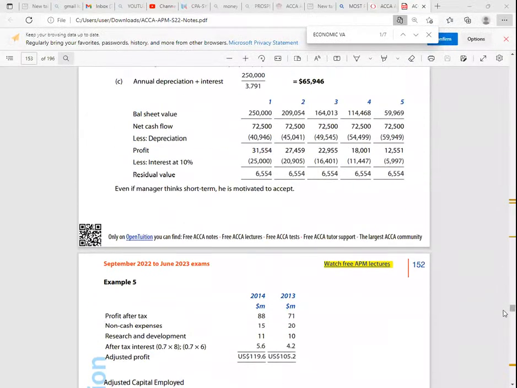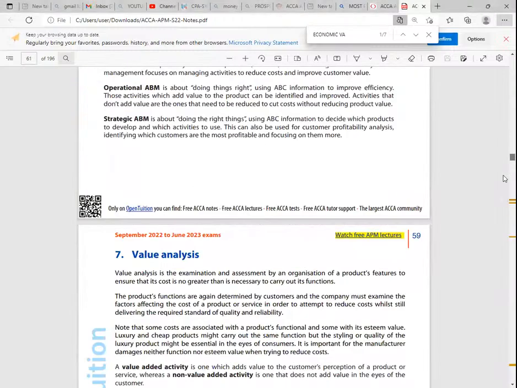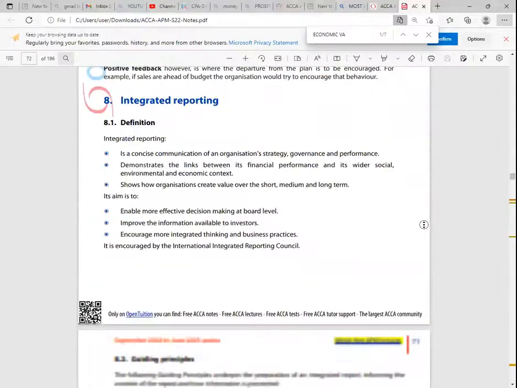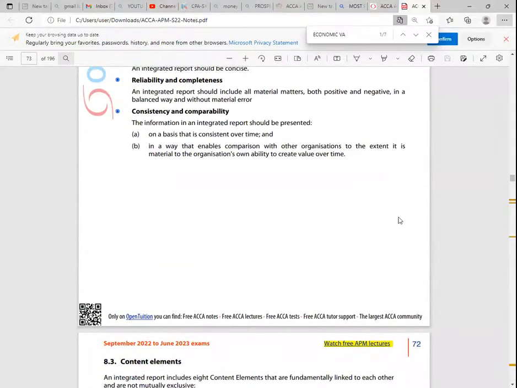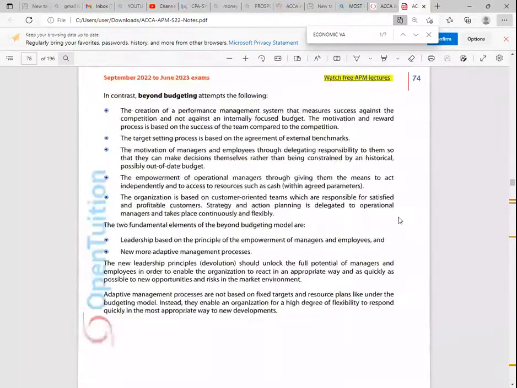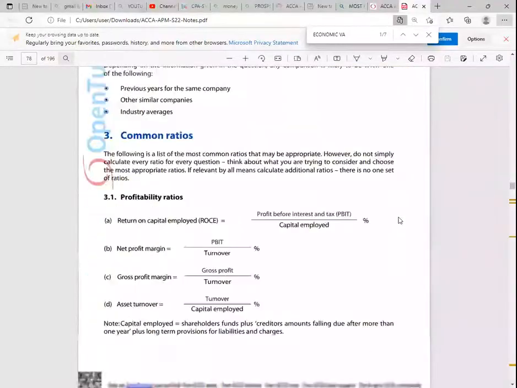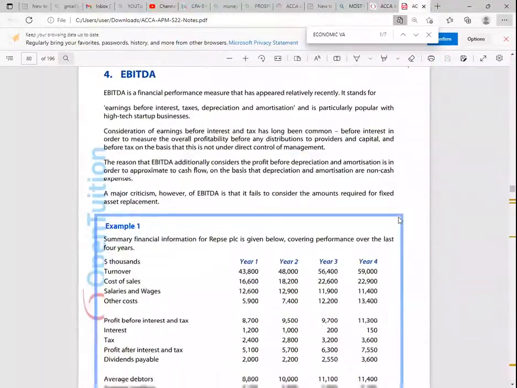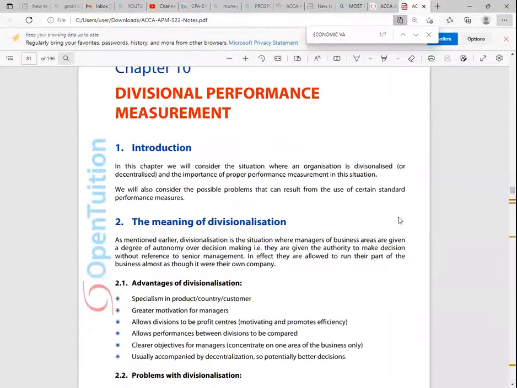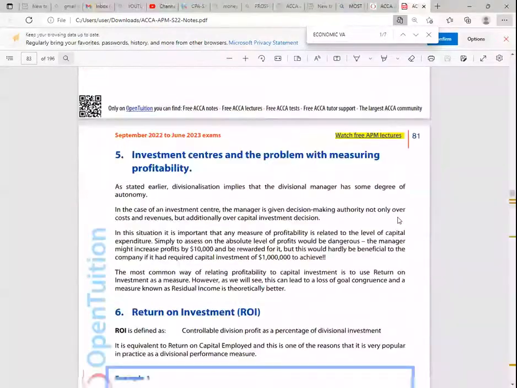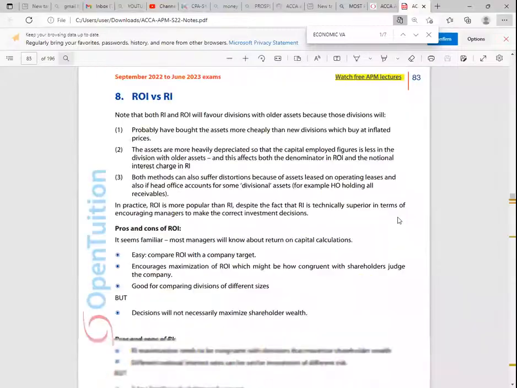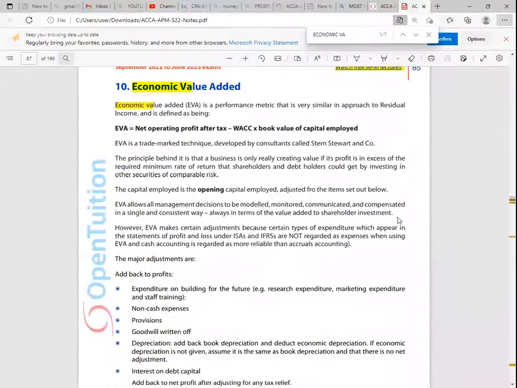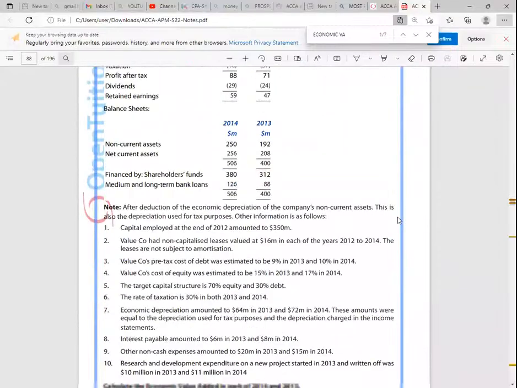I need to go back very first to page number 80. Great, so here we are.